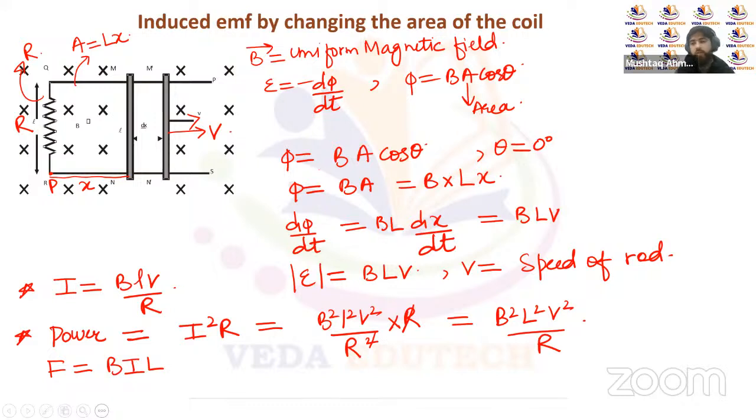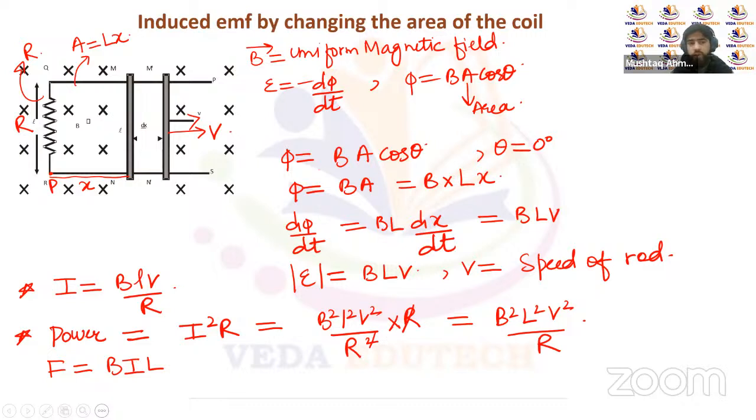And this magnetic force on this conductor will always try to reduce the flux through this area, right? We know that by Lenz's law, the induced EMF always opposes the change, anything which causes the change in the magnetic flux.